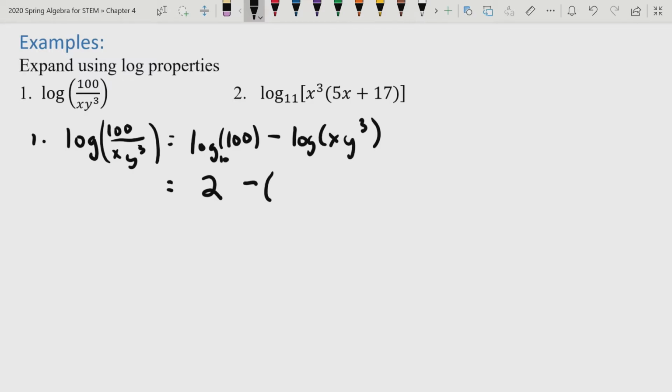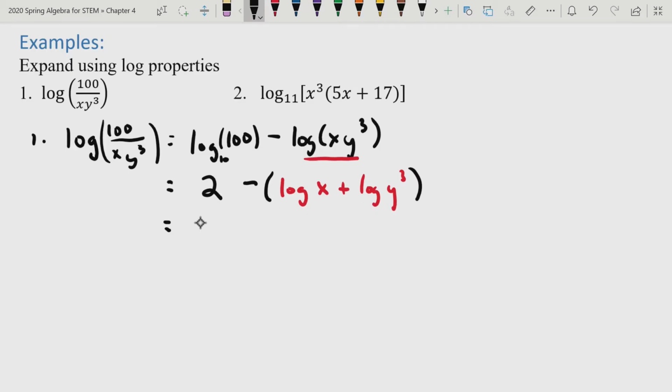So we can use the product property of logs to expand it to the log of x plus the log of y to the third power. Put the minus out in front because it's minus this whole thing.